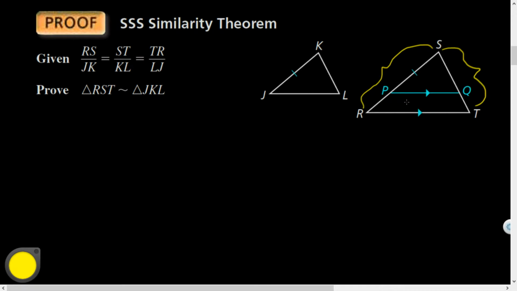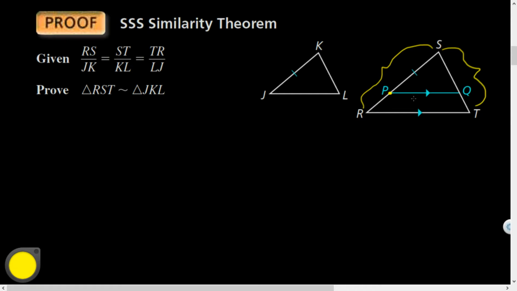So now what they did here, they plotted point P along RS such that P to S is congruent to J to K. Does that seem feasible or possible? Can you imagine a point along the side of the larger triangle that would match those two? Does that make sense? You guys with me on that? All right, I got one head nod. I think that'll count.